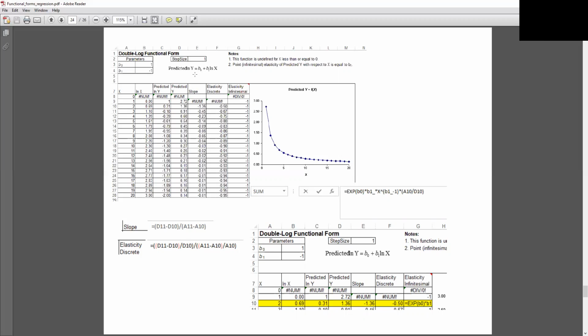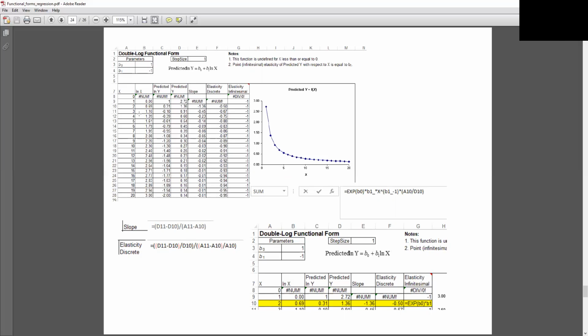Everything else remains the same, because we know the slope is nothing but the additional change in output divided by additional change in input. That is additional change in y by additional change in x. Again, we have elasticity discrete, which is nothing but percentage change in y over percentage change in x. So this is your y and this is your x.